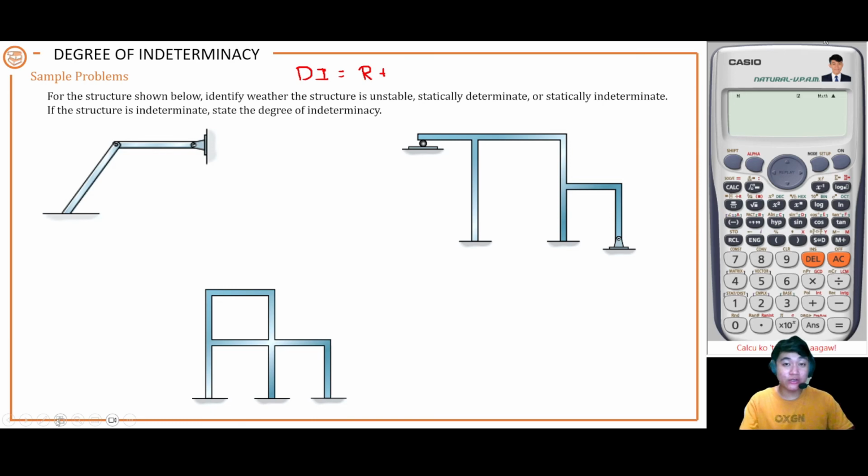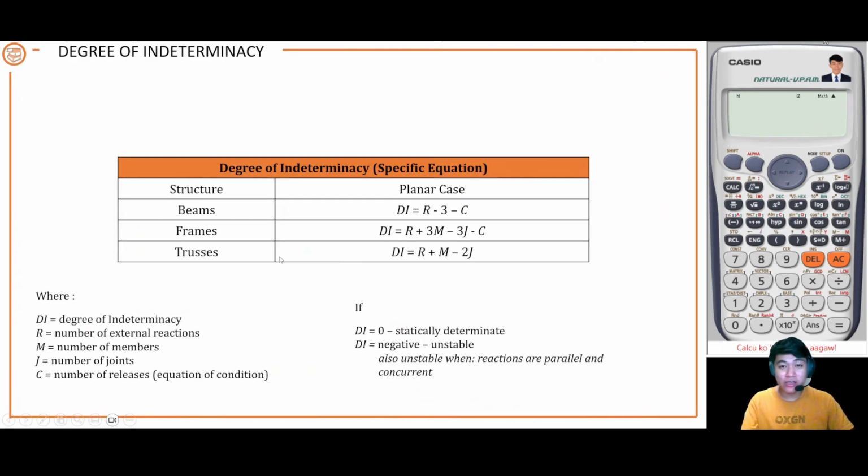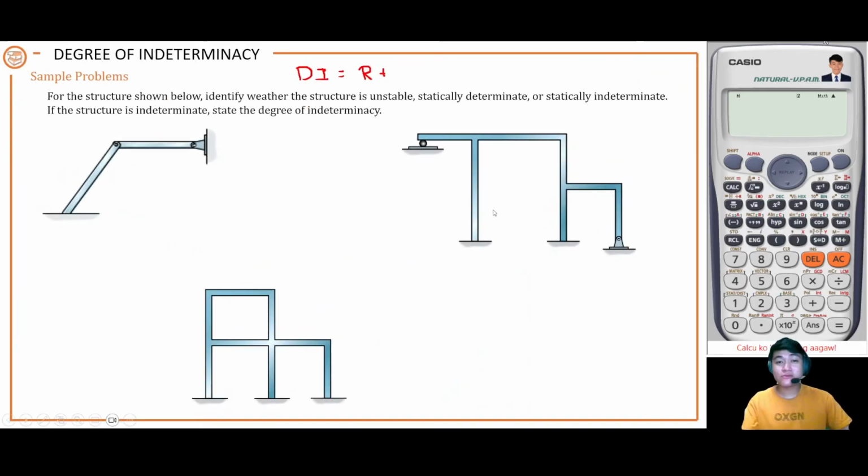So let's just look at the table here. Trusses or frames: 3M minus 3J minus C. Plus 3M minus 3 times the number of joints minus C. A frame, class, is a combination of vertical members or columns and horizontal members or beams. Even if that is an inclined member, we can still say that it is a beam or column.